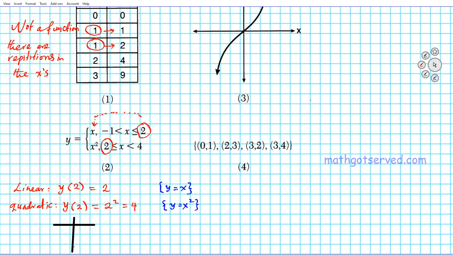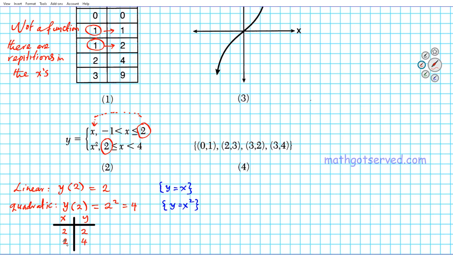For this piecewise defined relation, at one point, namely at the linear function, when x is 2, y is 2. And at another point, at the quadratic function, when x is 2, y is 4.